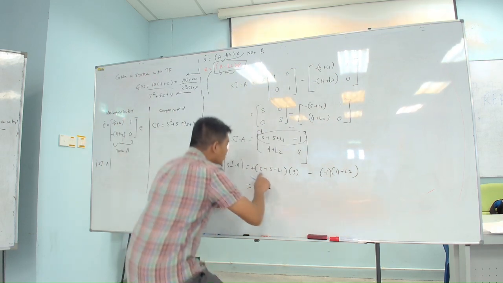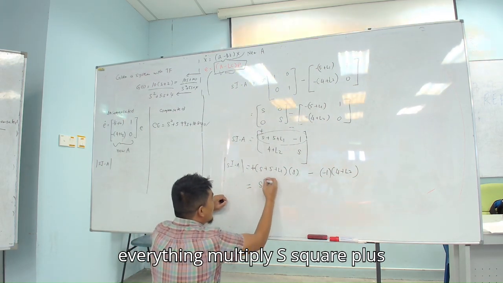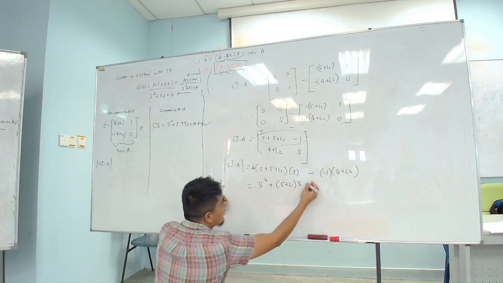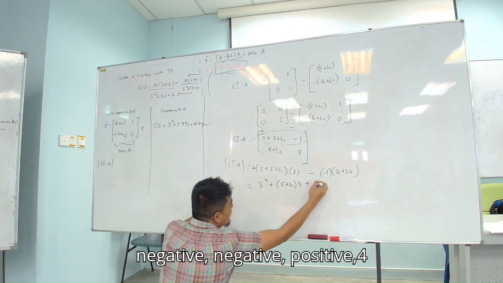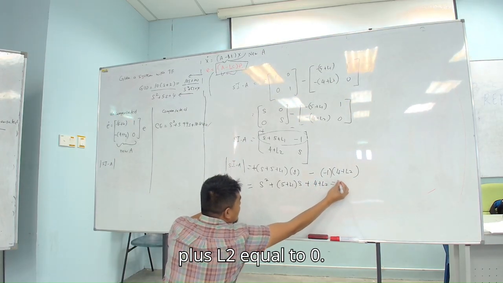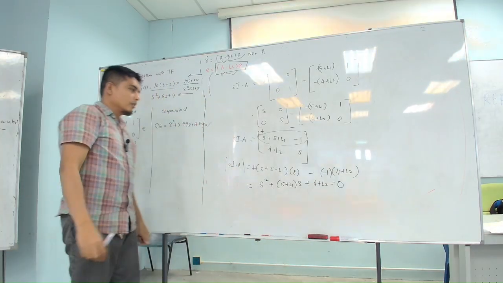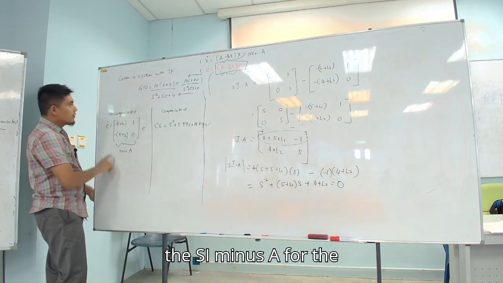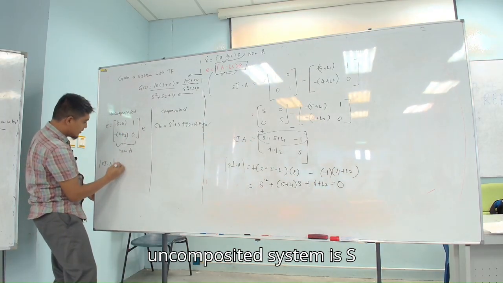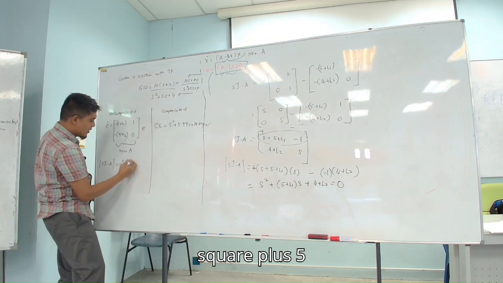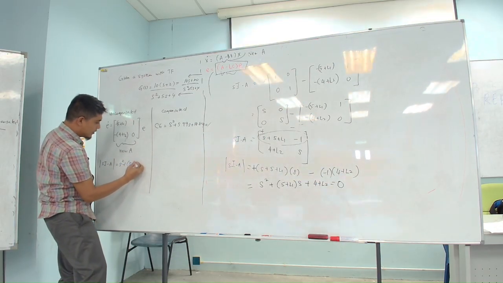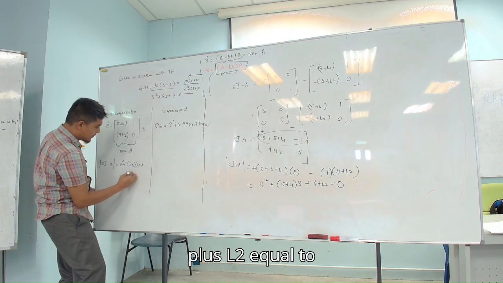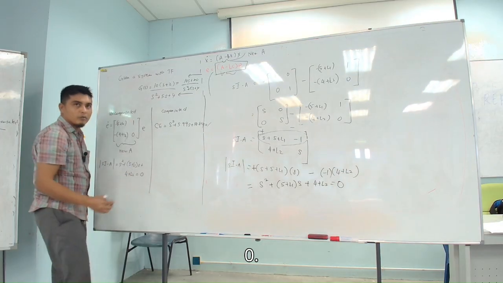Finally, you get everything multiplied: S square plus negative, negative, positive 4 plus L2 equal to 0. So finally, you can conclude that sI minus A for the uncompensated system is S square plus 5 plus L1 S plus 4 plus L2 equal to 0.